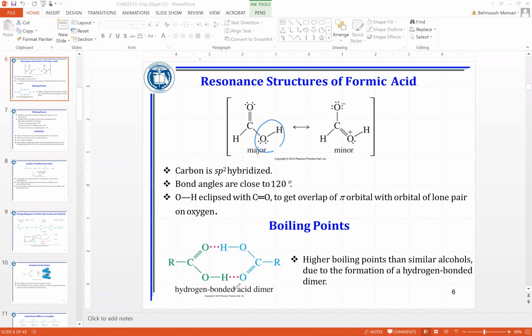But when it forms a dimer, not only does it form hydrogen bonding, but it also makes the molecule act like double the mass. The molar mass is like doubled. And that gives an unusually high boiling point to carboxylic acid. So carboxylic acids do have very high boiling points.